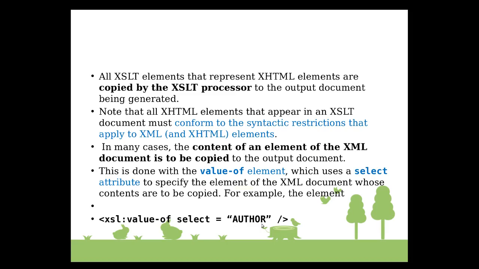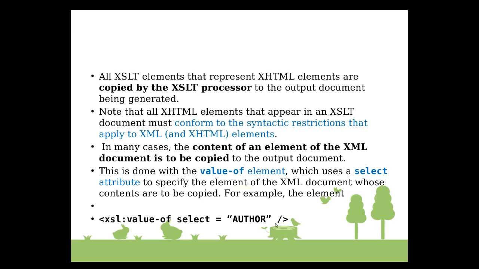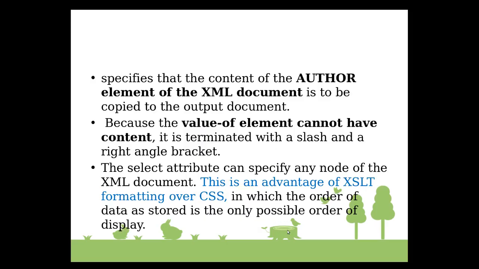The meaning of this is that the content of element author needs to be copied to the output document. Because the value-of element cannot have content, it can be terminated with a slash and angle bracket like this.